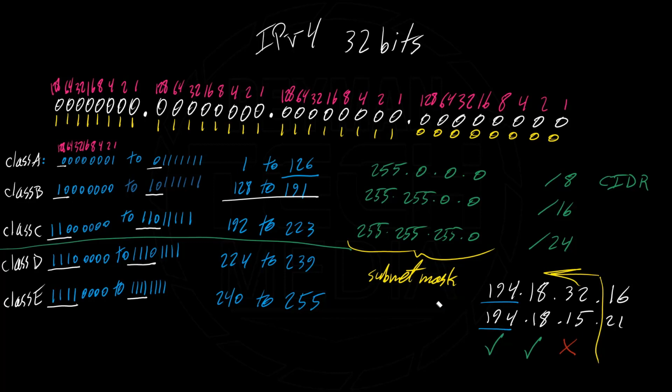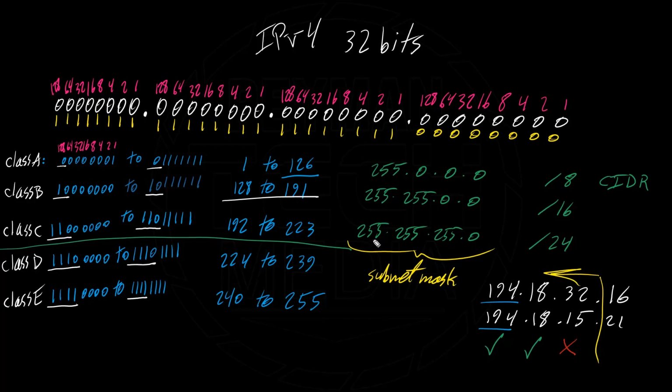How do we know they're not on the same network? Looking at the IP address and based on the default subnet mask, we can tell these 2 IP addresses are Class C, and the default subnet mask for Class C is 255.255.255.0.